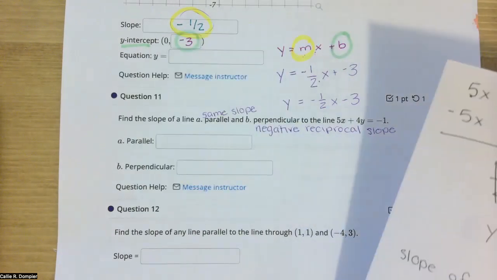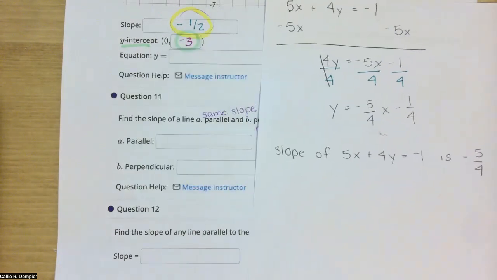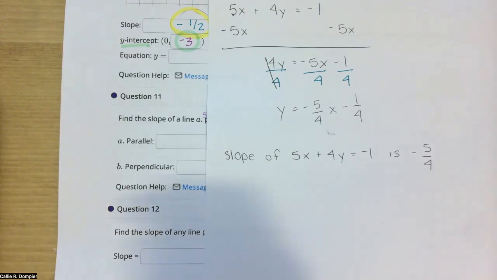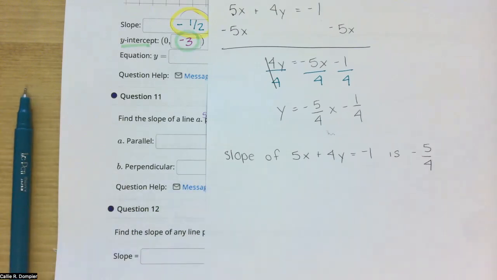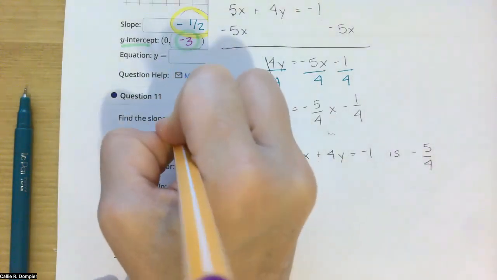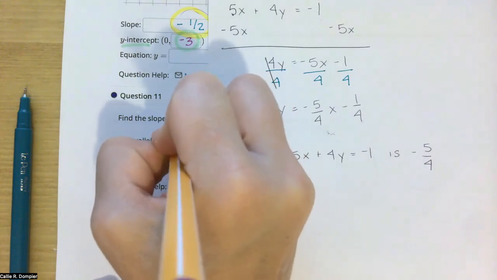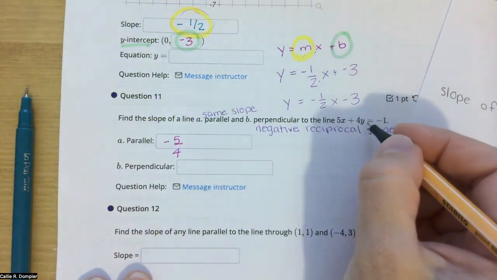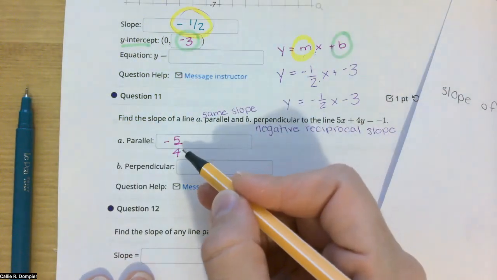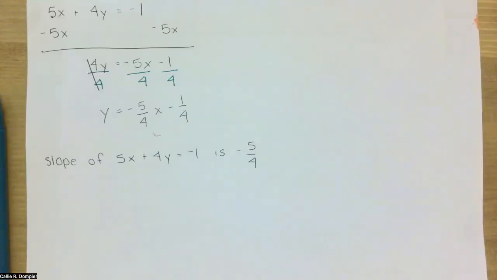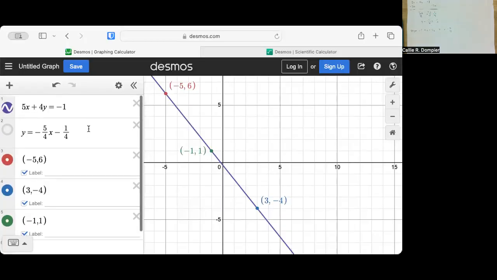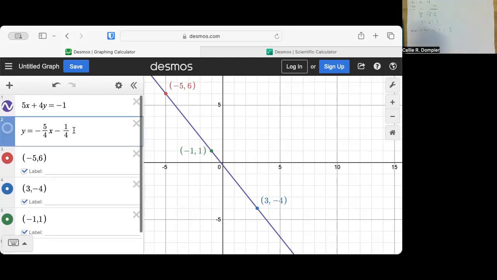Now we've found that slope. The parallel slope is going to be that exact same slope, -5/4, because the slope of this line is -5/4. The slope of a parallel line is -5/4. Parallel just means that they're exactly the same.